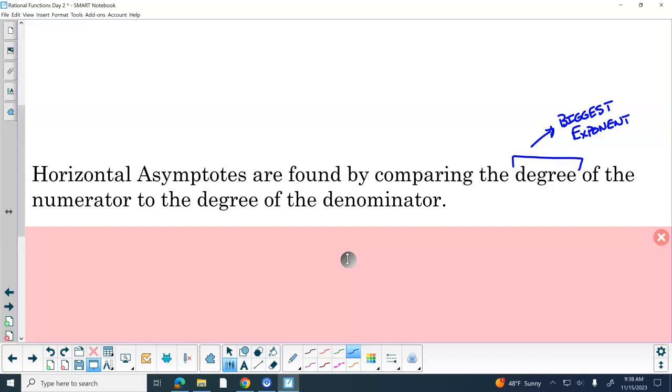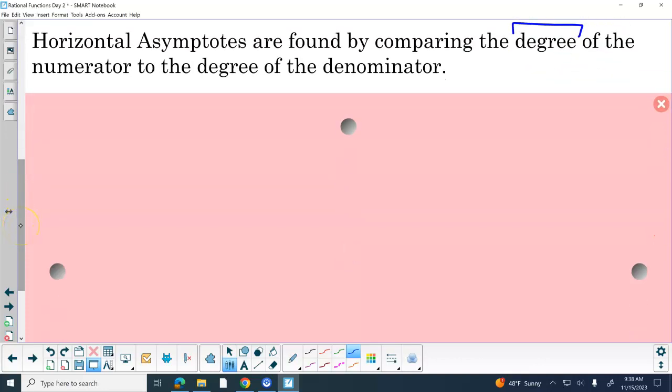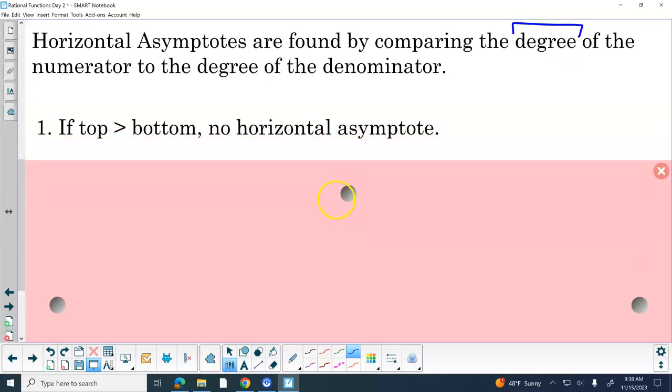Now, when you're comparing two numbers, you only got three choices, right? So my first choice would be that the top is bigger than the bottom. If the top number is bigger than the bottom, there is no horizontal asymptote. What's another choice for comparing degrees?